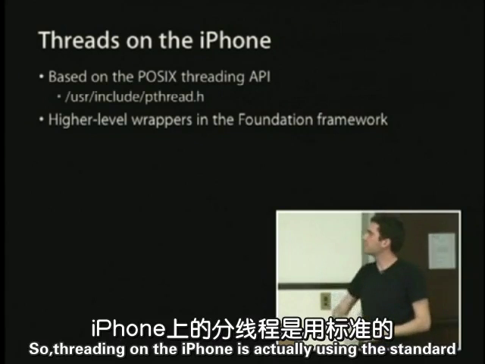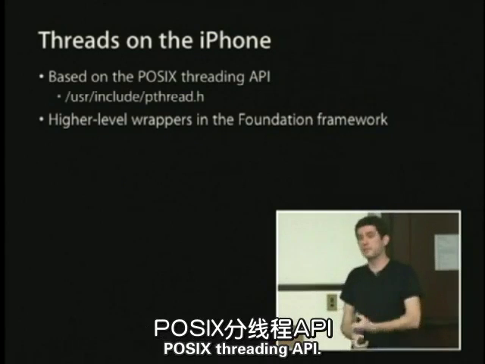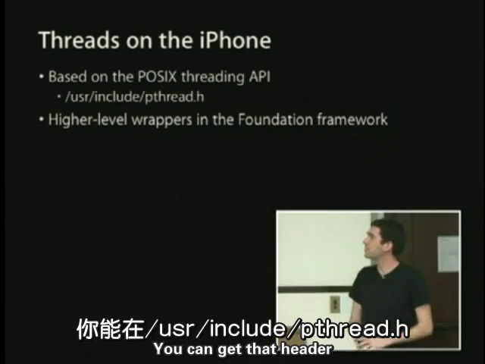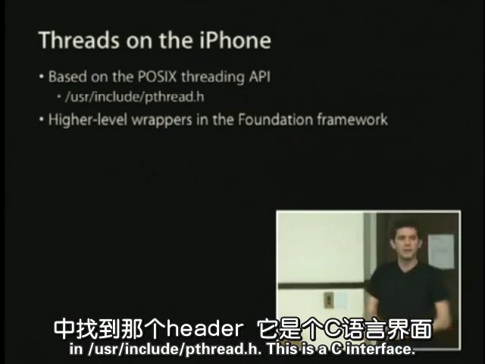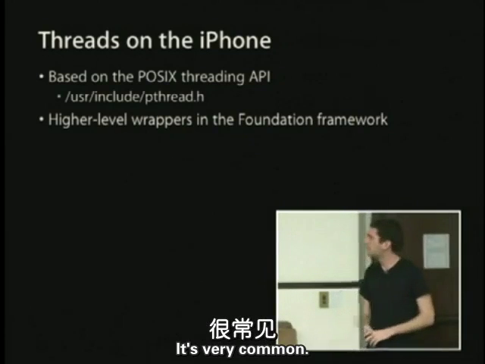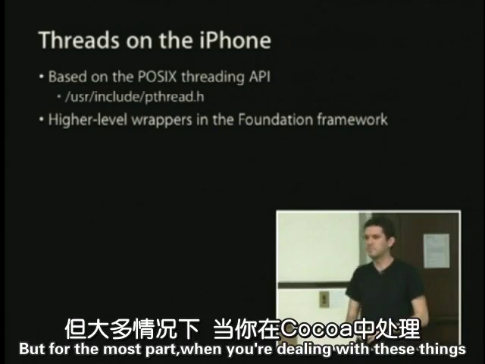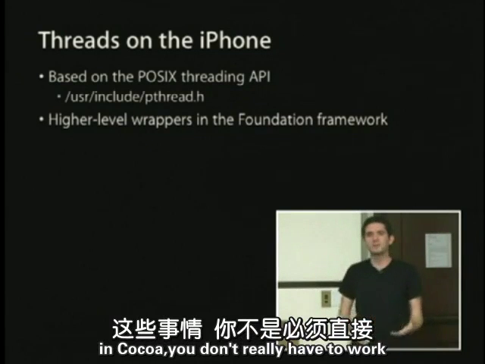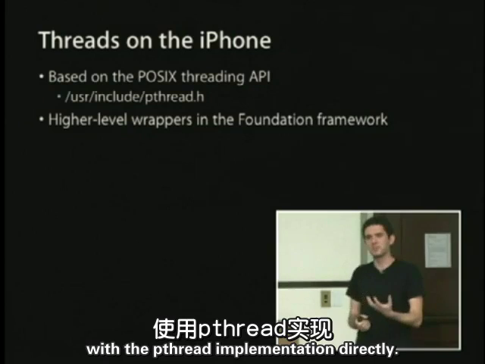Threading on the iPhone is actually using the standard POSIX threading API. You can get that header in usr/include/pthread.h. This is a C interface. It's pretty much a Unix standard. It's very common. For the most part, when you're dealing with these things in Cocoa, you don't really have to work with the pthread implementation directly.